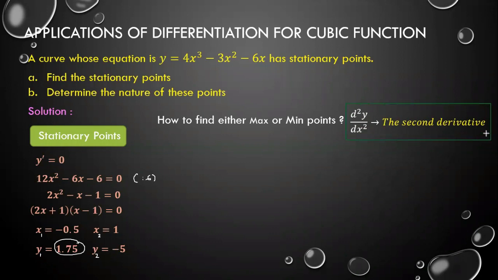We have to examine x1 equals minus 0.5 and x2 equals 1 with d2y over dx squared. Clear to everyone?